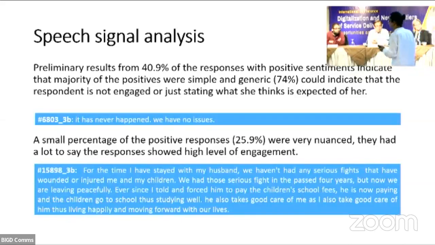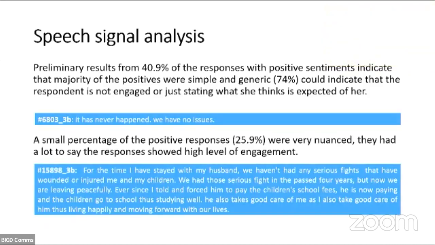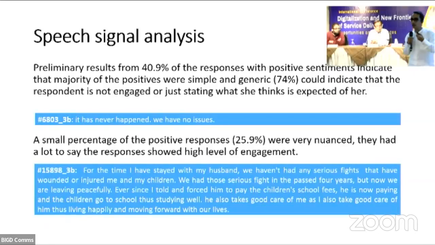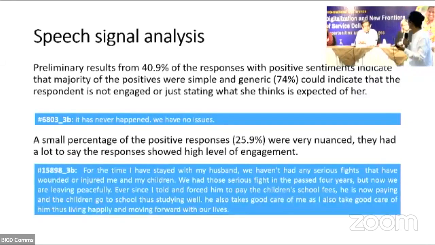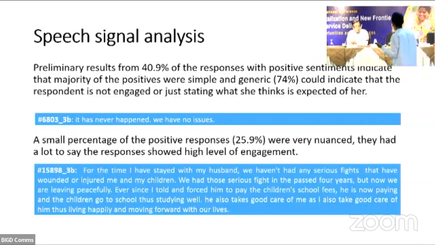There is a lot of unknown, but overall it seems like a promising way for me to have a second measure of a very sensitive topic like IPV. I feel it's going to be an interesting use case of NLP in research. Thank you.